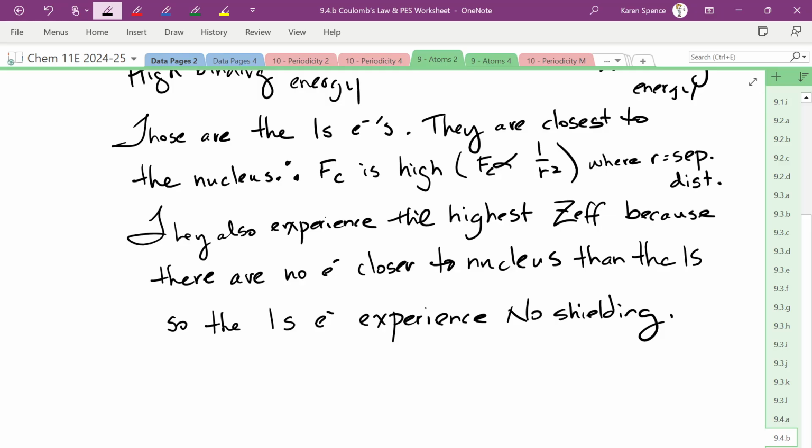They experience the highest Zeff because there are no electrons closer to the nucleus than the, I guess I should write 1s like that so it doesn't look like is. The 1s electron experiences no shielding.